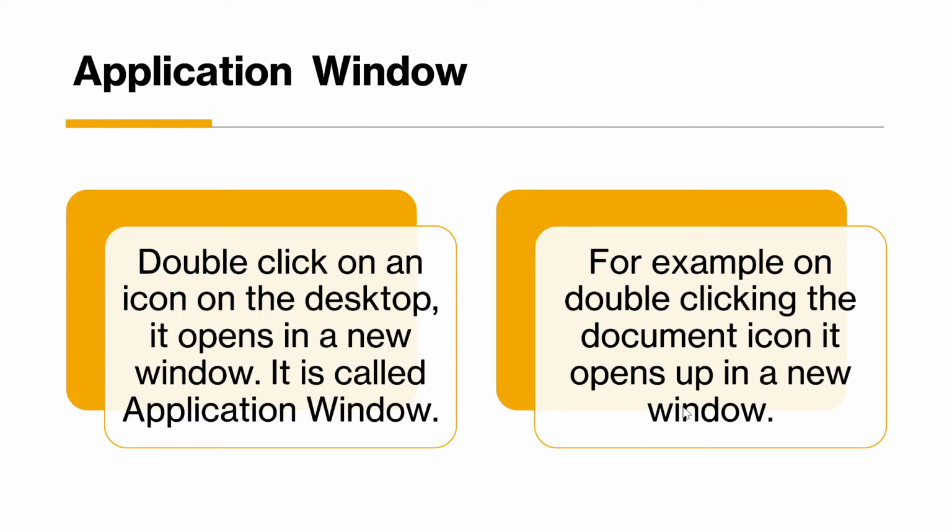Similarly, when you open an MS Word icon, it will open in a new window, that is the application window. Similarly, for Microsoft PowerPoint, Microsoft Excel, MS Paint, everybody has its own window, and that is the application window where you can work according to its contents.